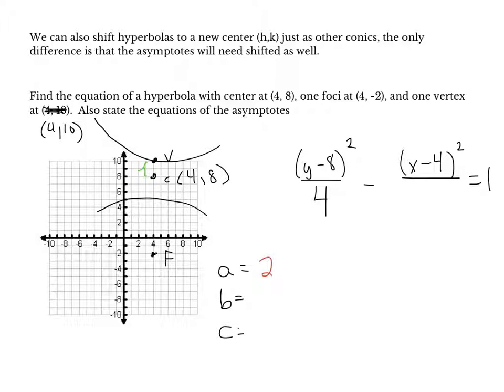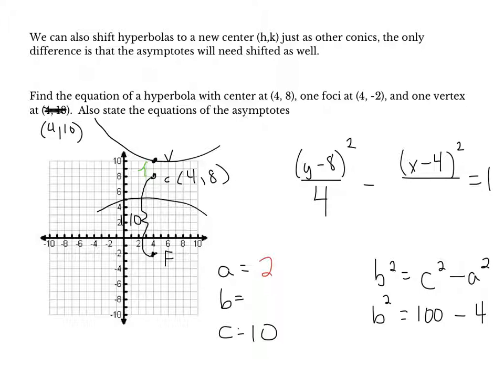The other thing we have is the center to the focus, which is 8 to negative 2, which is 10 units. But that's c, that's not b. In the equation, I want a squared and I want b squared, so I have to figure out what b squared is. But if you recall, we have that same relation we've used quite a few times. b squared equals c squared minus a squared. So b squared will equal 100, because 10 times 10, minus 4, 2 times 2.